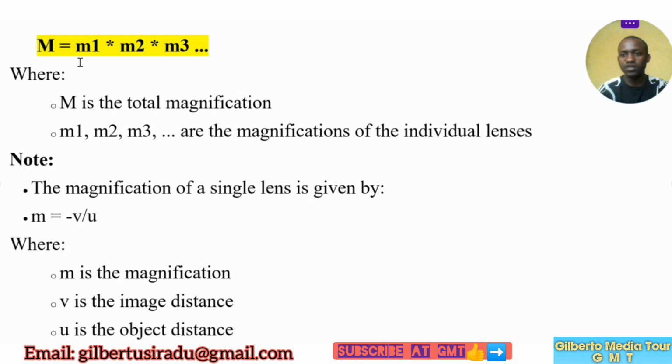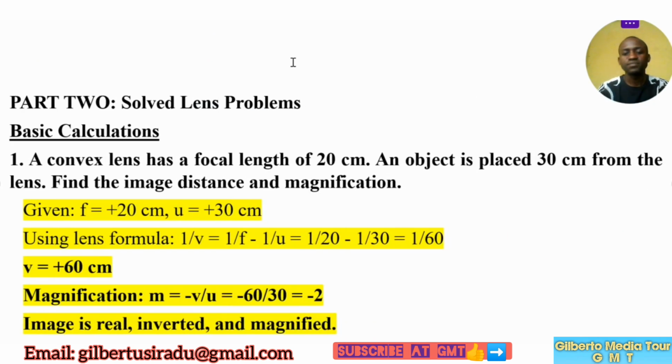But the total magnification in case there is a combination will be equal to magnification number 1 times magnification number 2 times magnification number 3, and so on. It depends how many lenses you have, so that we can find the magnification as the product of individual lenses. M is the magnification, v is image distance, and u is the object distance. So let's jump to the next part.